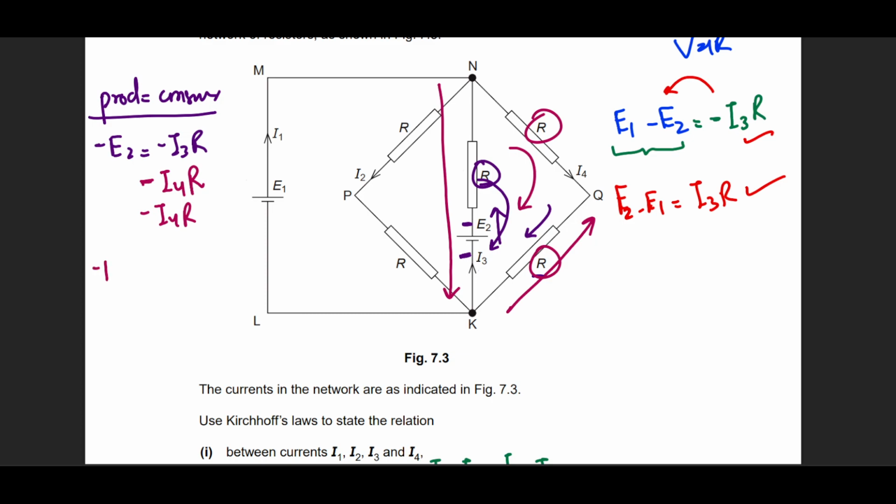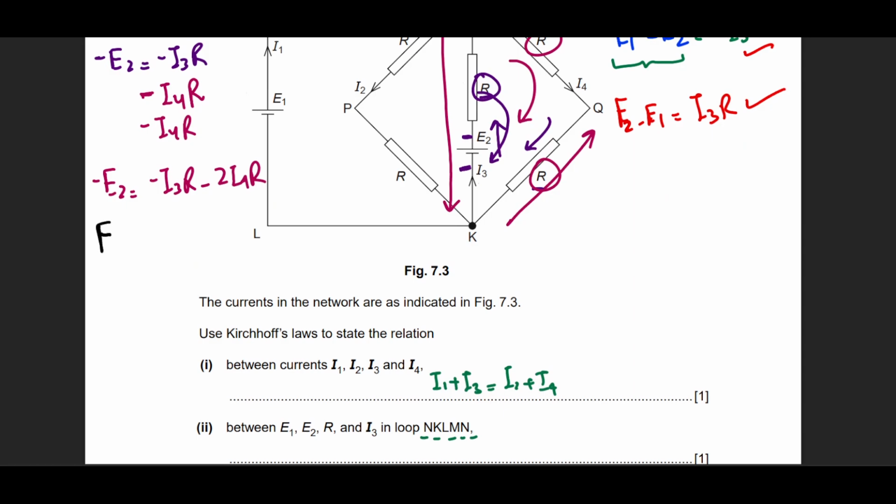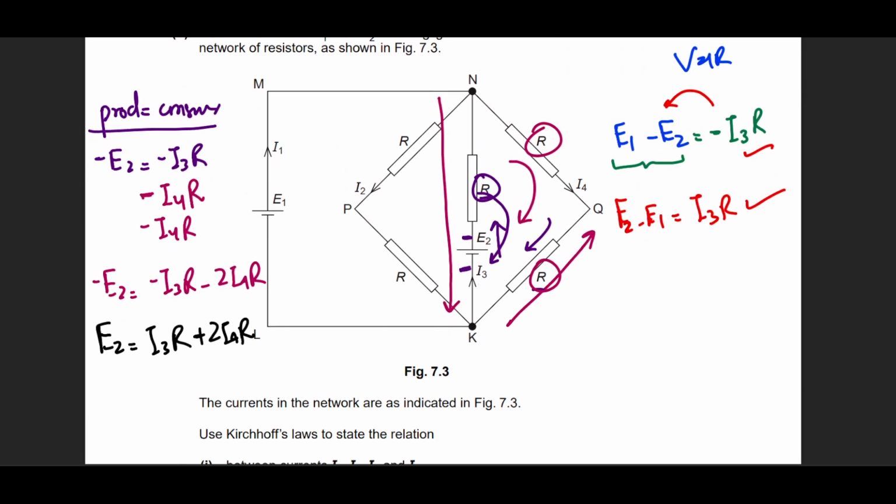So this is going to look like minus E2 equals minus I3R minus 2 times I4R. Since the whole equation has a negative sign, you can just eliminate it, and this equation is going to look like this: E2 equals I3R minus 2 times I4R. All right, sorry, positive. This will be plus. Again, no problem. You can choose how you write this down.